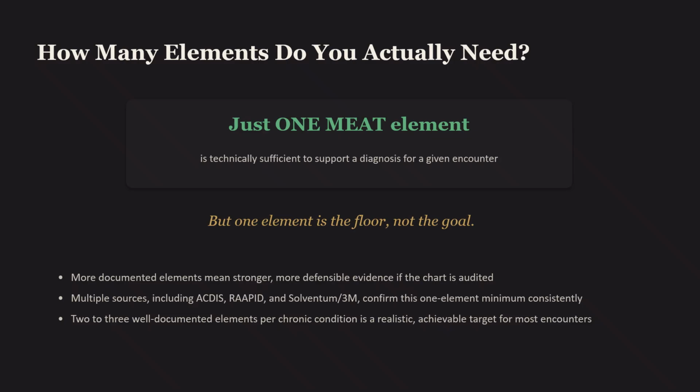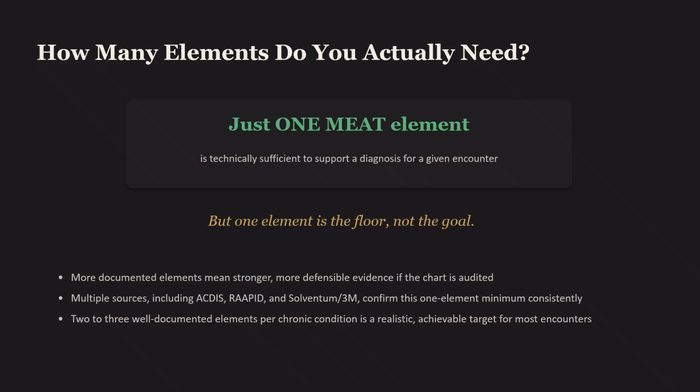So a more realistic, defensible target is 2 to 3 well-documented elements per chronic condition per visit. And that will give you a real cushion. If an auditor disputes whether one element counts, you still have some backup evidence sitting right there in the same note, right?